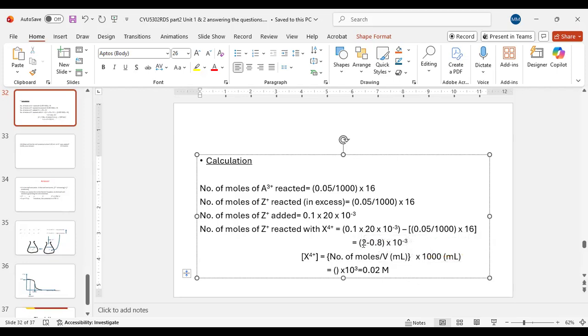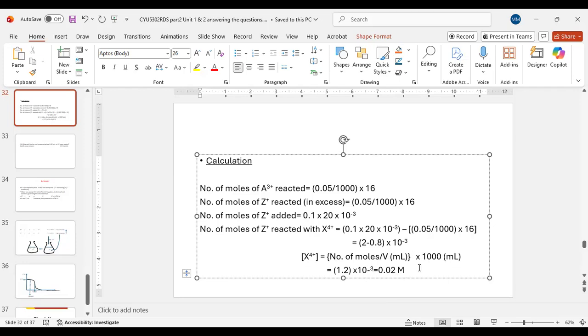It will be 1.2 into 10 to the power minus 3 divided by V into 1000 milliliters.